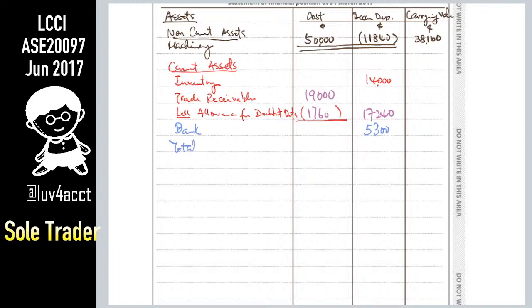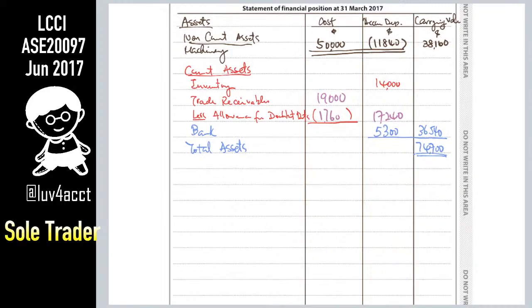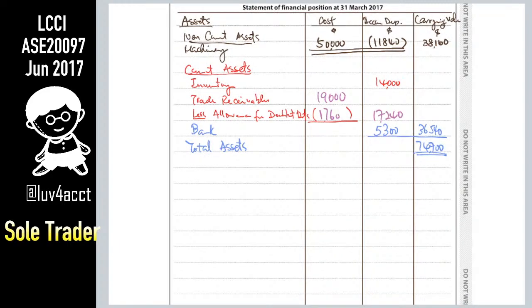So total assets $36,540 add 38160. Okay, it's 74700. Okay, so asset finish.